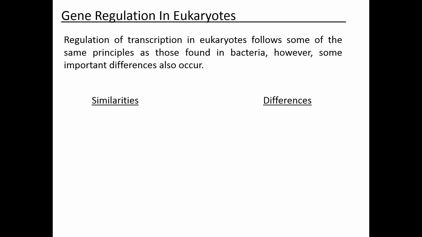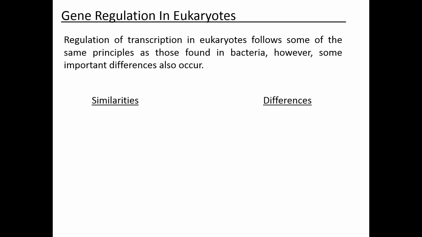Some important differences that you need to know for this class. One, the regulatory pieces of DNA that affect gene expression in a bacterial cell are typically right next to the genes that they regulate. And that's not necessarily true for eukaryotic organisms. The regulatory segments of DNA that control gene expression can be really far away from the gene that they actually regulate.